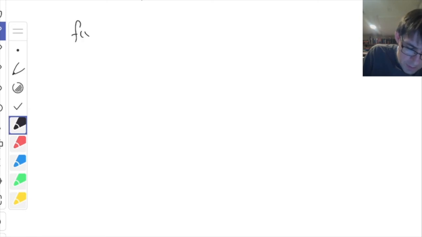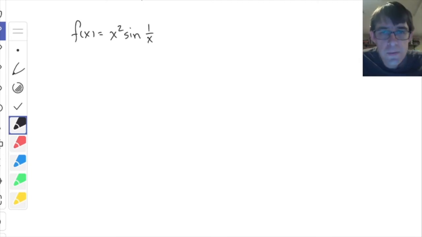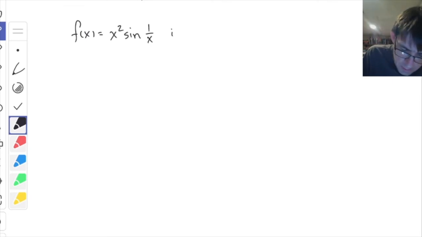This one is a bit of a surprise, though. x squared sine of 1 over x. This one, I'm here to tell you, is differentiable, even though the graph looks very similar. It is differentiable at x equals 0.